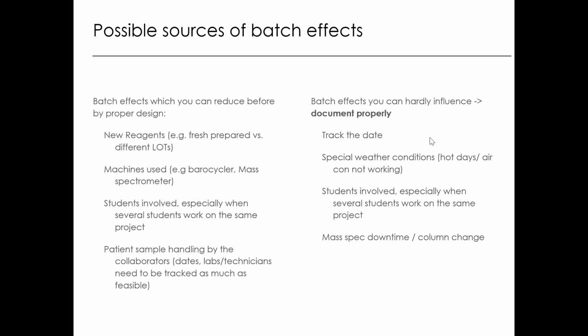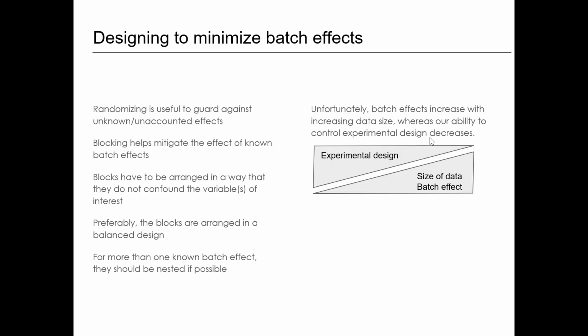We can try to minimize them, but we are not able to completely eliminate all variables. So the only chance we have is to design the experiment such that batch effects would be recognized and could eventually be corrected. If you don't recognize them, like in this mouse versus human case, we cannot correct them.